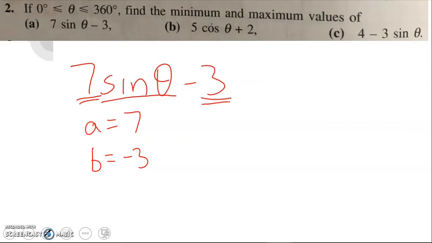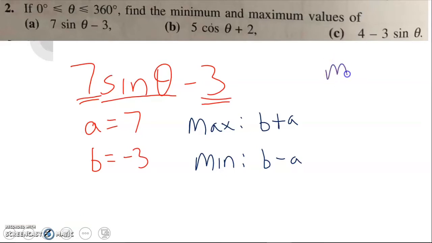So to find out min and max, you basically have everything that you need. To find max, you want to say B plus A. And to do min, you want to do B minus A. Pretty simple.